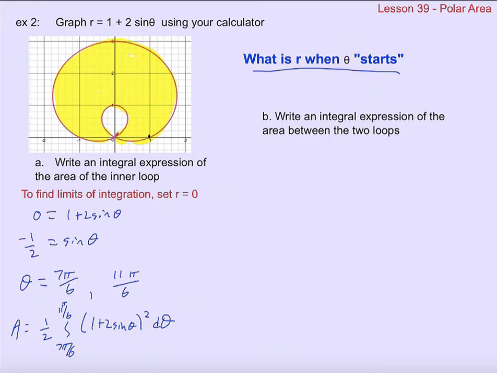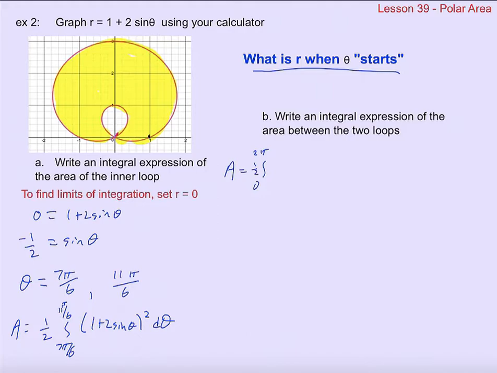If we start by saying that we're going to find the area of the whole thing and then subtract the inner loop, that might look like this. The area of the outer, just the outer part, would be the area of the entire trip around.